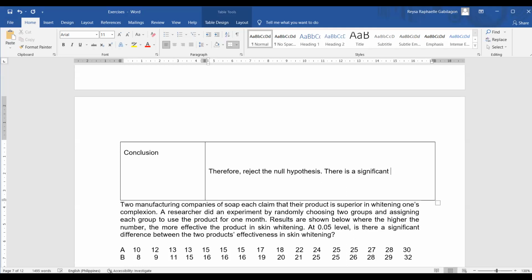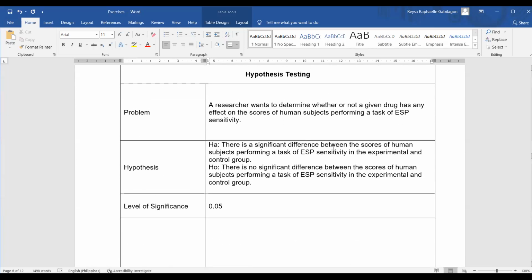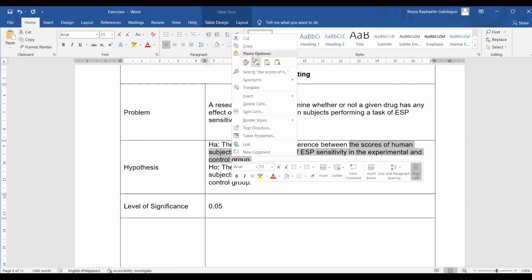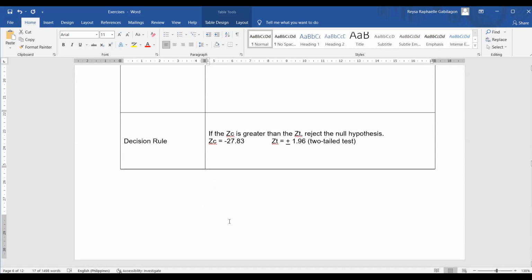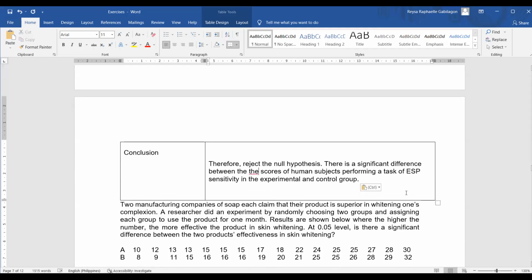There is significant difference between the scores. Okay.